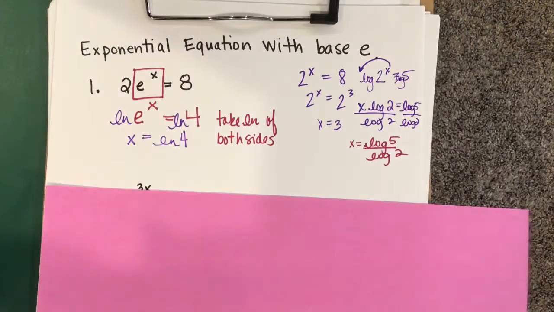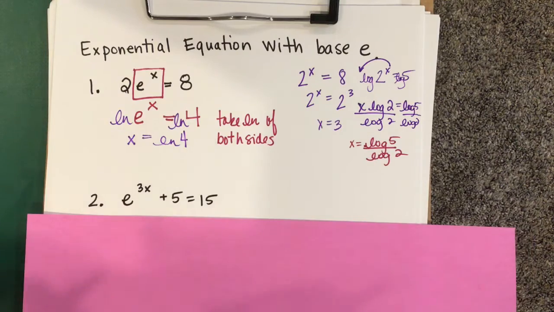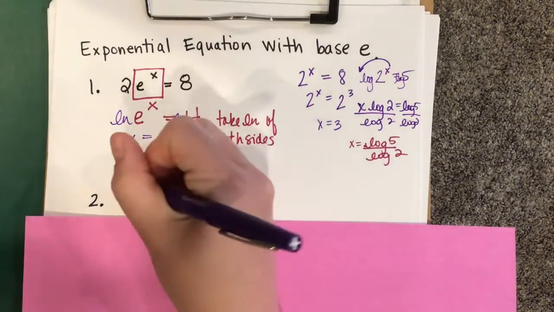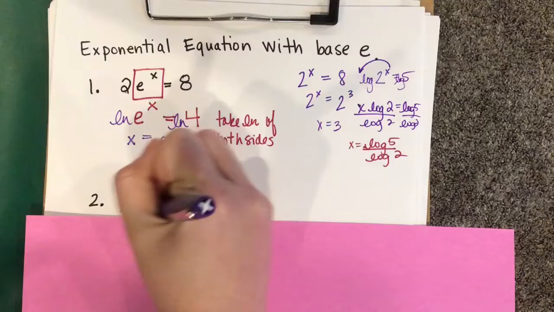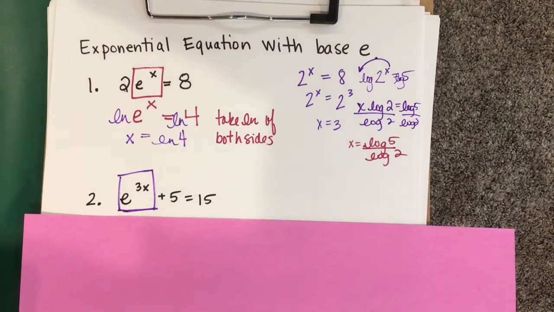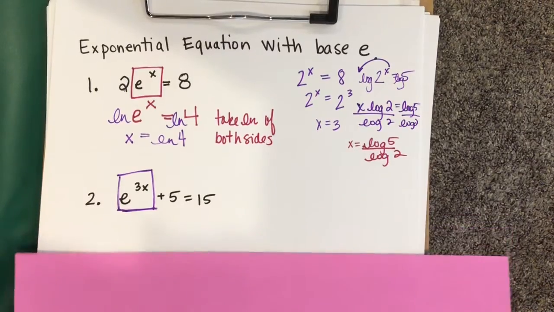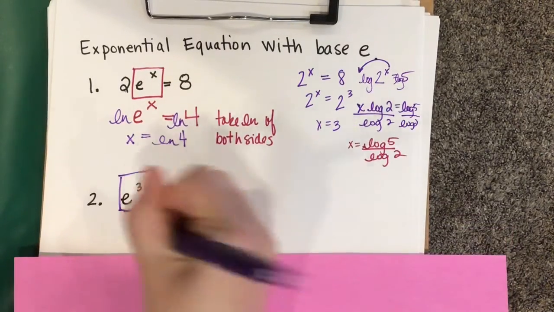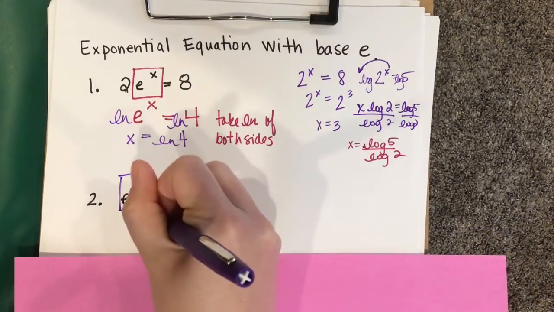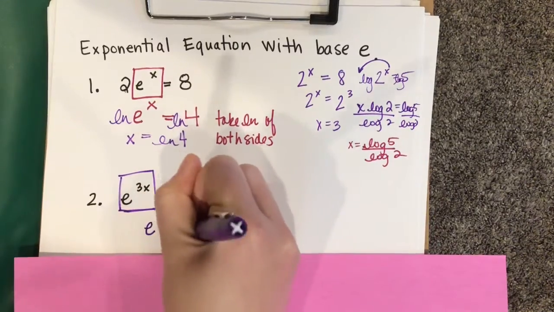Okay, so in this problem, still got to isolate. And when we do that, we end up with e to the 3x equals 10.